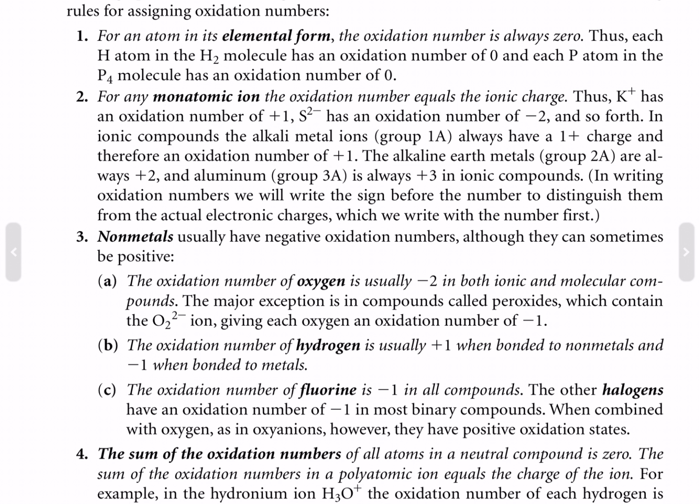B. The oxidation number of hydrogen is usually +1 when bonded to nonmetals and -1 when bonded to metals. C. The oxidation number of fluorine is -1 in all compounds. The other halogens have an oxidation number of -1 in most binary compounds. When combined with oxygen, such as in oxyanions, however, they do have positive oxidation states.